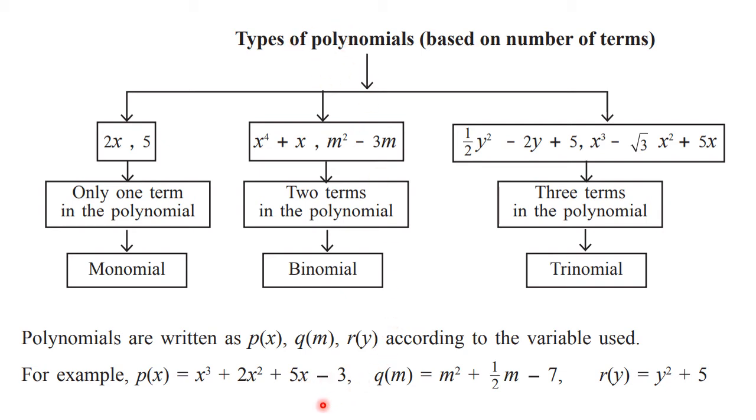An algebraic expression with many terms is called a polynomial. For a single term, we say it's a monomial. When two terms are there, it's a binomial. For three terms, it's a trinomial. If we have more terms, then it's a polynomial. So this is the first criteria on which the polynomials were classified.